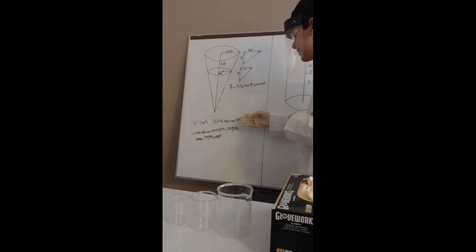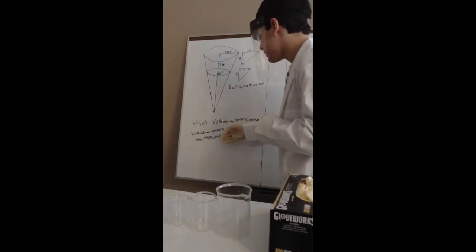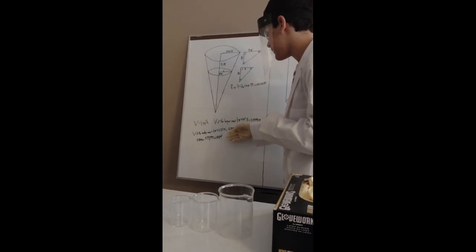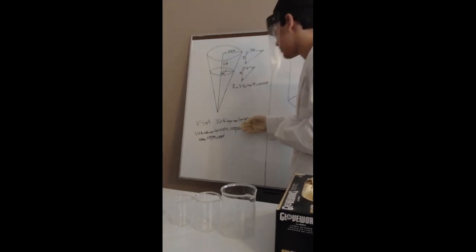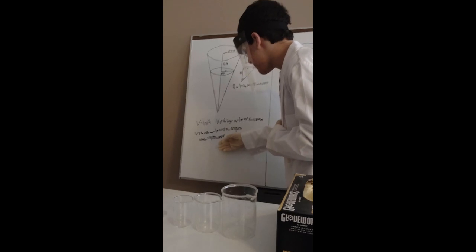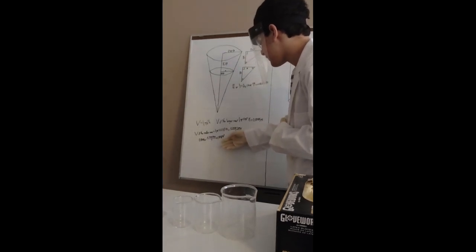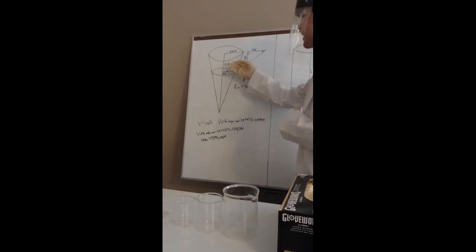And I can subtract the volume of the smaller cone from the volume of the larger cone, which would be about 1.858 feet cubed, which is how much acid I removed.